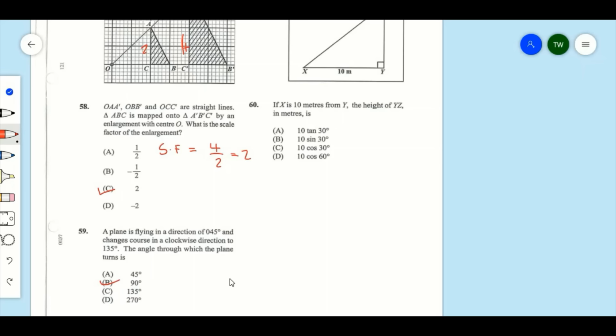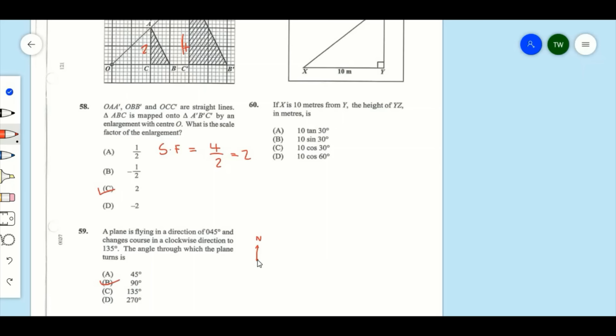Now, let's say the plane was traveling from point A, which is this point here. First thing we need is our north line, right? So this is our north line here. And from north, the plane was traveling at an angle of 045 degrees.